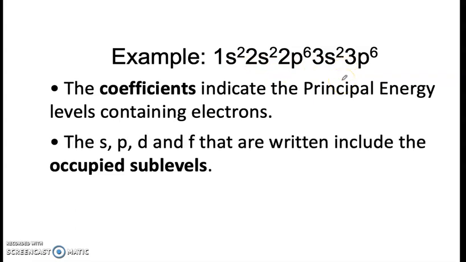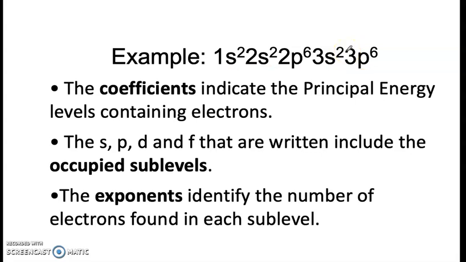The S, P, D, and F that are written include the occupied sublevels. So we have the S sublevel, P sublevel, S sublevel, and P sublevel. You have your sublevels, and the number up top is what we call the exponents, and that identifies the number of electrons found in each sublevel.